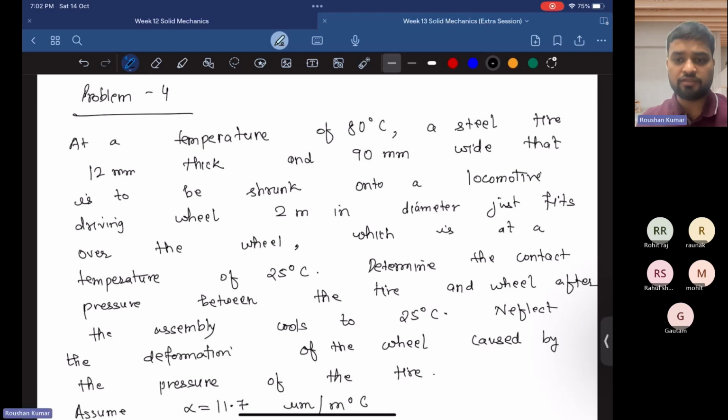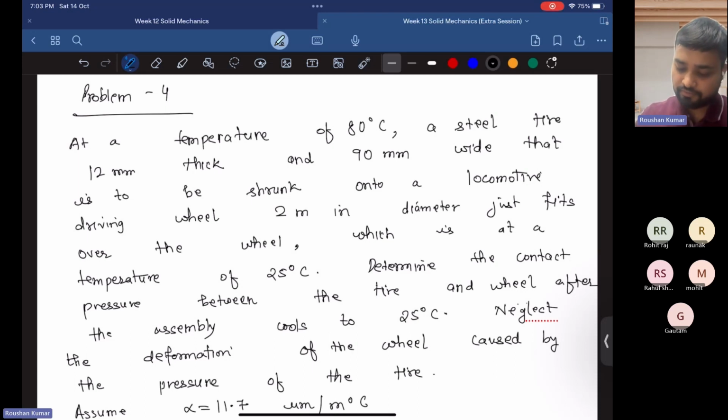Neglect the deformation of the wheel caused by the pressure of the tire. So here we have to neglect the deformation. We are assuming that there is no deformation in the wheel, and we have to find the pressure between the tire and the wheel.